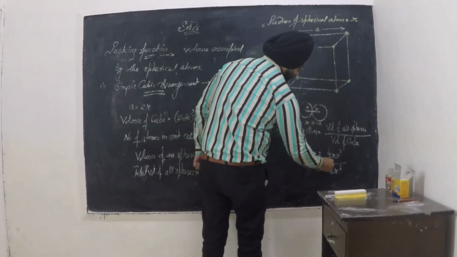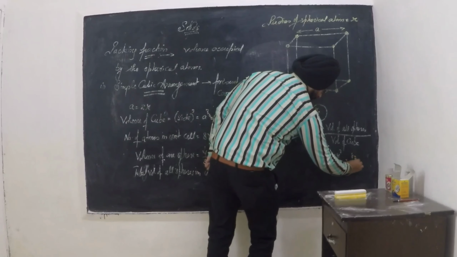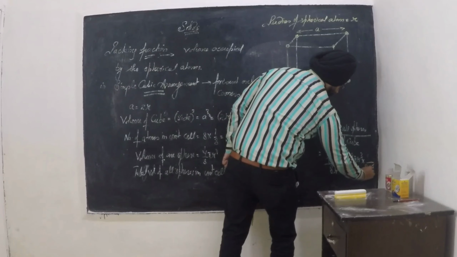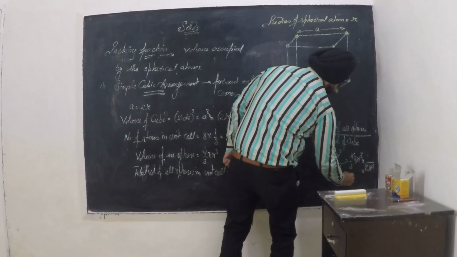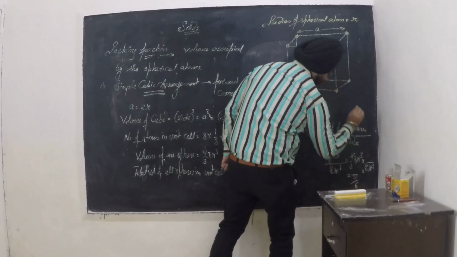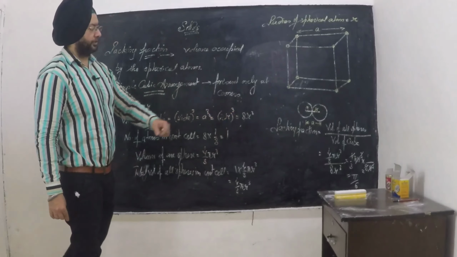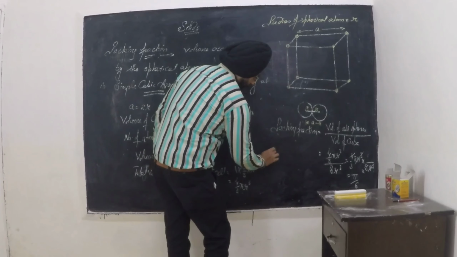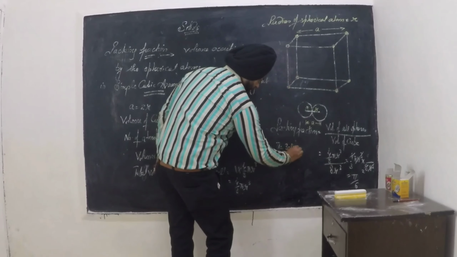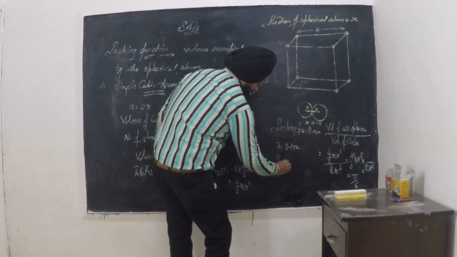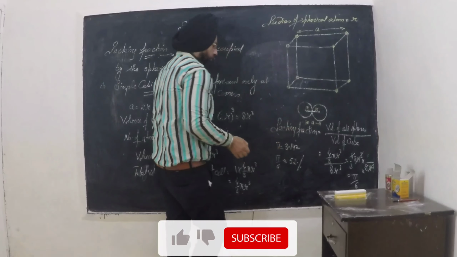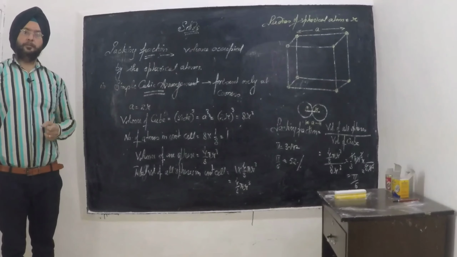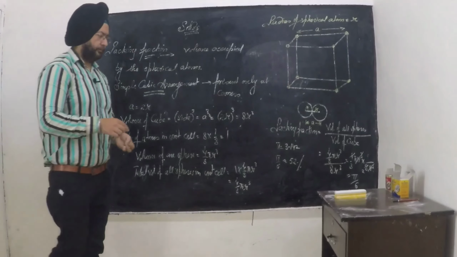So if we calculate 4 by 3 pi r cube into 1 over 8r cube, r cube and r cube cancel out, 4 by 2. So you are getting pi by 6. That is your packing fraction. If you want to calculate, substitute the value of pi as 3.142, and pi by 6 will be approximately equal to 52%. So only about 50% of the space is covered in case of simple cube.